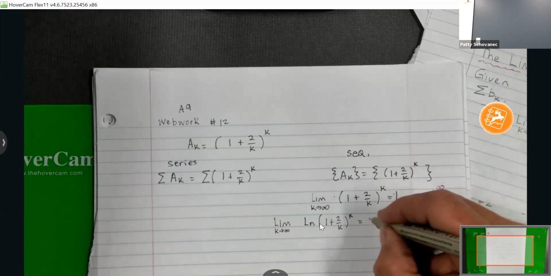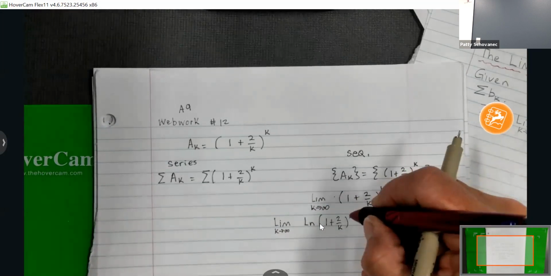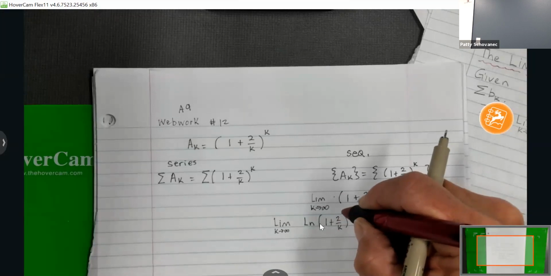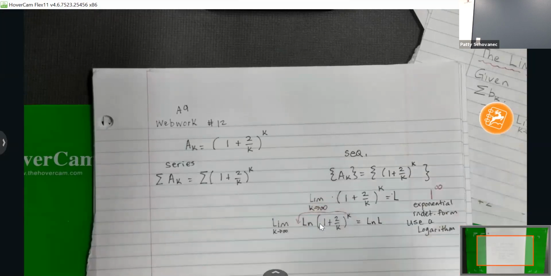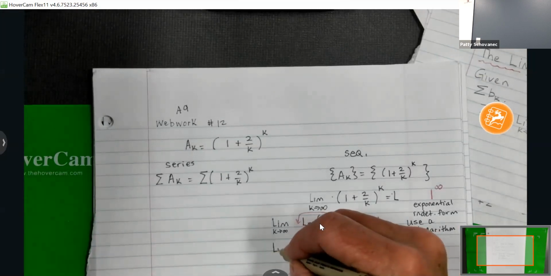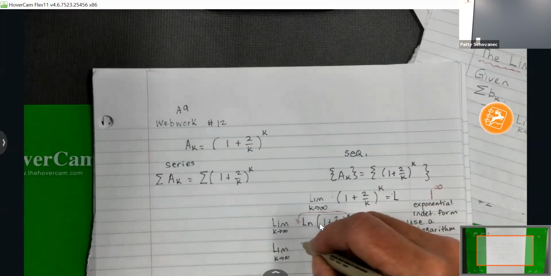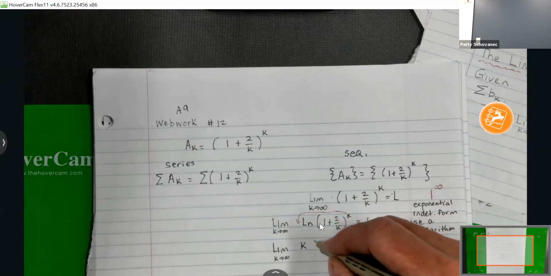And over here, I'm going to have the natural log of my limit. We chose a logarithm because one of the properties of logarithms is the log of something to a power can be rewritten as that power times the log of the base. So we're going to put that limit right here and pull the power down, so it gives me a k right here.